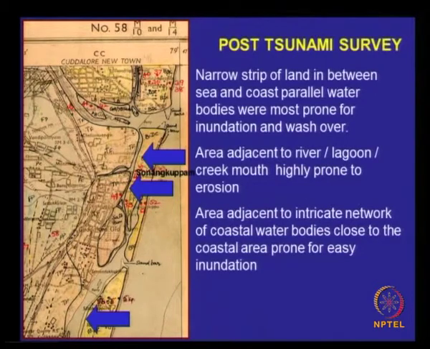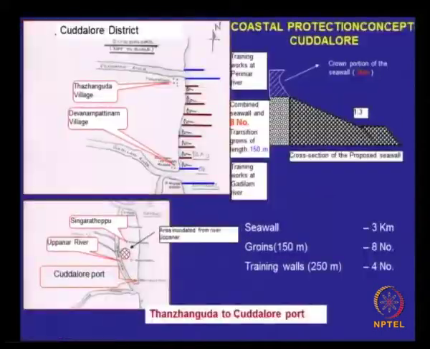There are other locations where we had a close survey, and one such location is something like this, where there were a lot of problems. At Devanapatnam, there were about 80 casualties, and there are several casualties here also. So this stretch of the coast is very important. This is a river, and this is also a river.